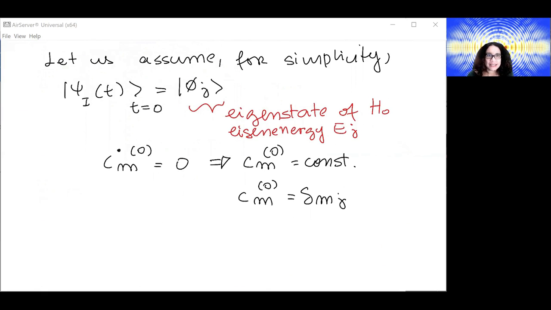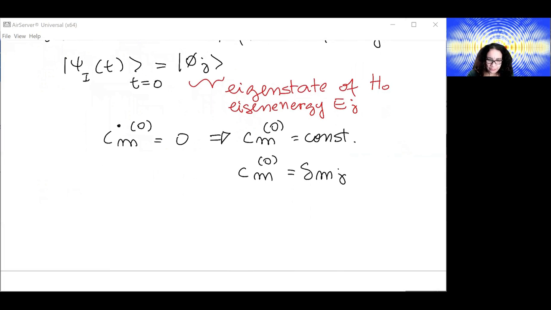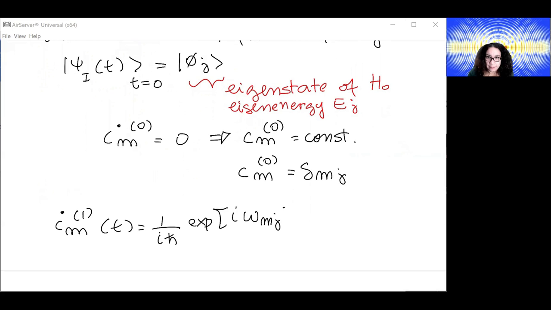this implies that our first order term, which is Cm dot, is given by 1 over i h bar exponential i omega mj.